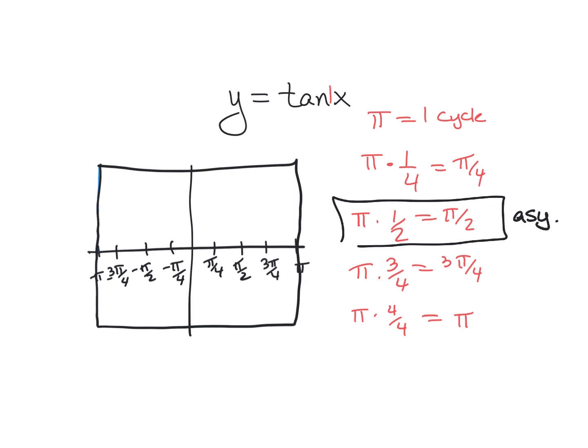It's basically the second point that you find, and it's also the middle of your box on both sides. So at both positive and negative pi over 2, we've got an asymptote, and that's the only place we're going to put our asymptotes.